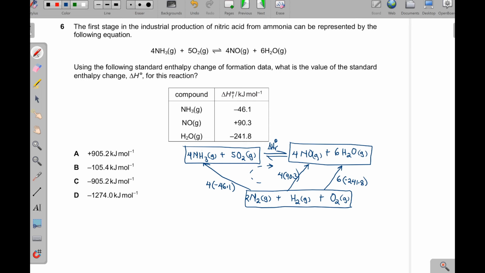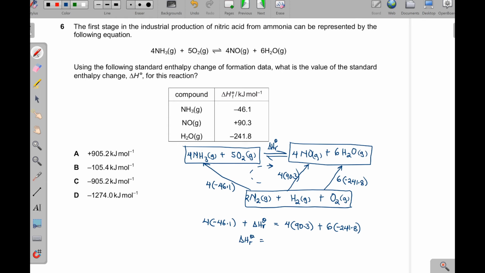So we are going to have 4 times negative 46.1, plus DHR, which is equal to 4 times positive 90.3, plus 6 times negative 241.8. So what will be our DHR?